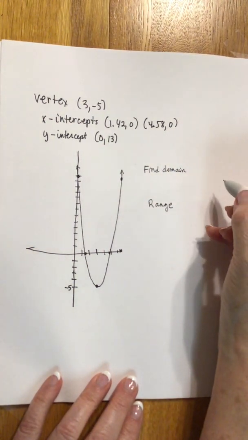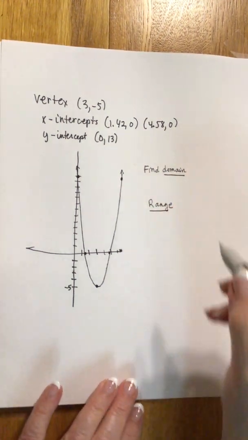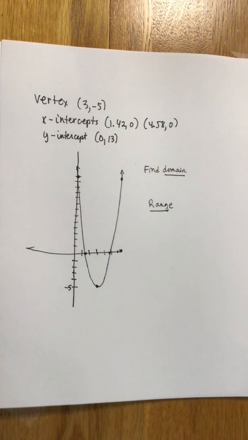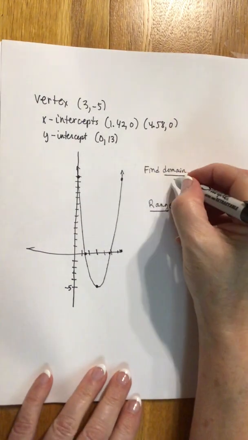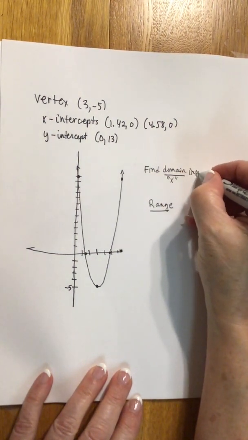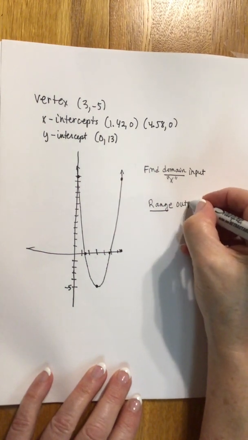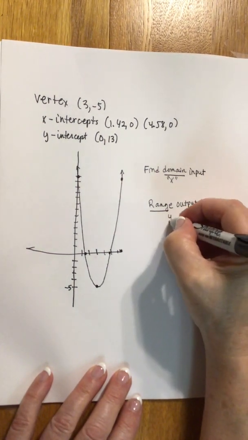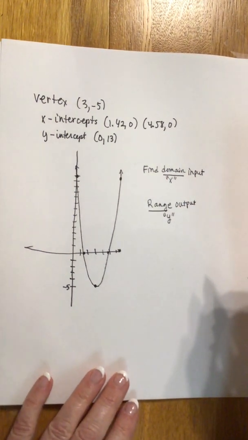Now, we've talked about domain and range before, right? The domain is going to be the input, or the x. And the range is going to be the output, or the y. So looking at my picture, what's going to happen?